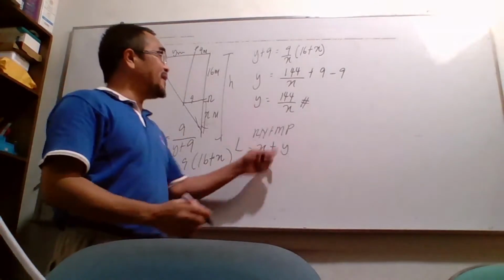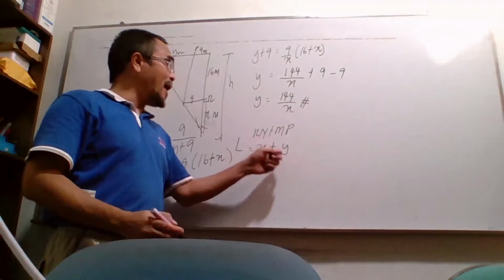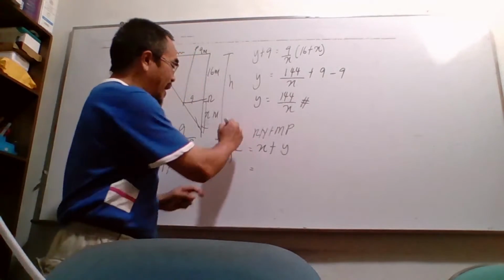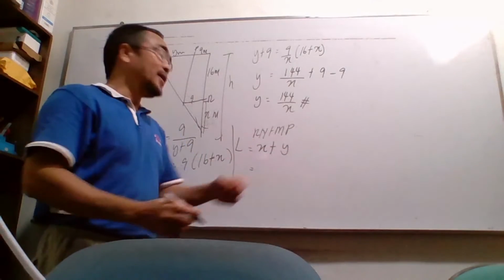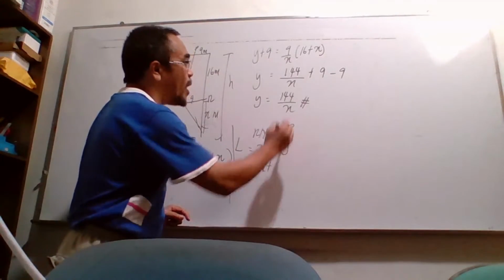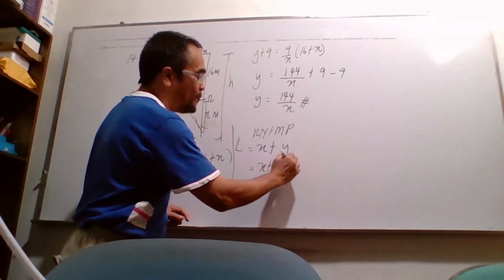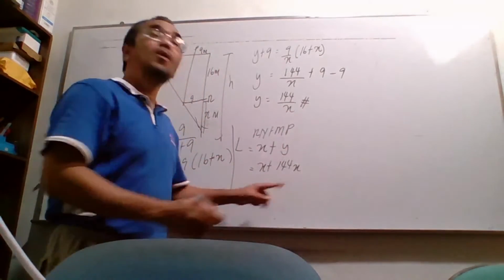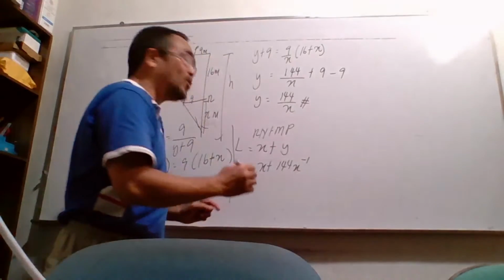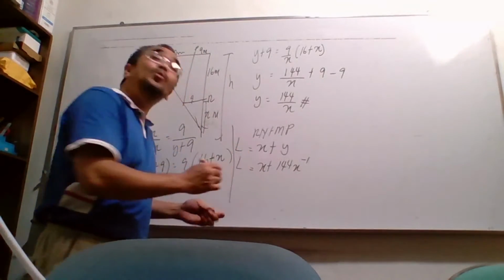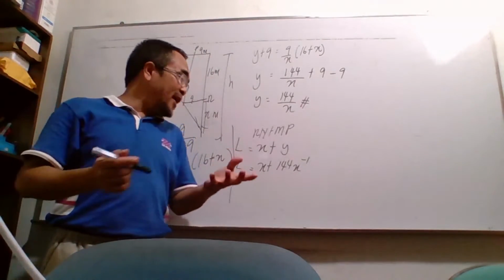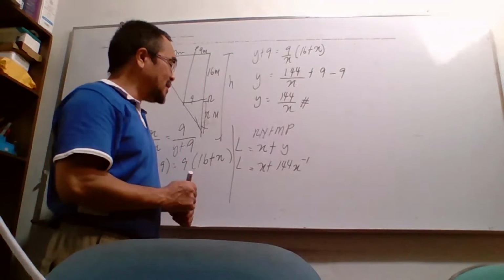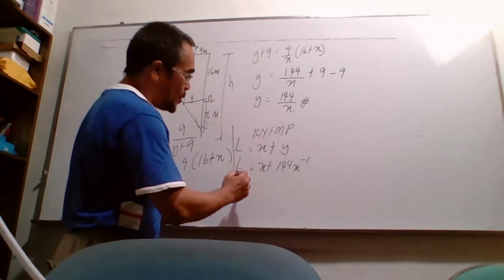So after that, you just substitute y as 144 over x. So the length is x plus y, and y is 144 over x. Then I'll rewrite that 144 to the power of -1, because in order to know the minimum value, you have to differentiate that. So L is x plus 144 over x.